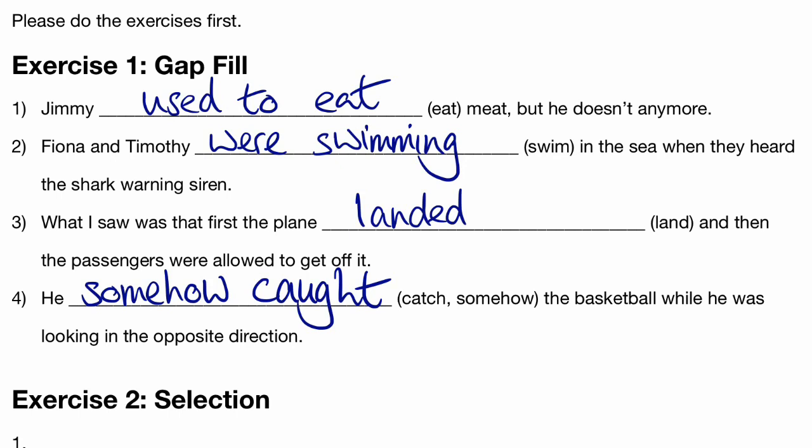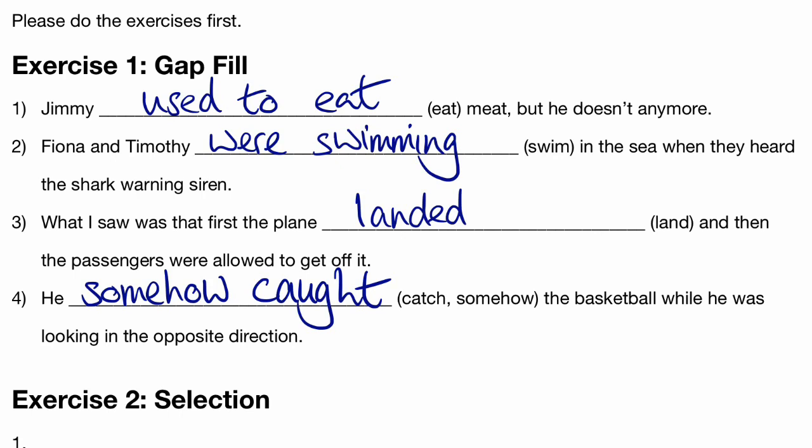You could also have Fiona and Timothy had been swimming in the sea, or had swum in the sea. In these two cases, they're not actually in the sea at the time. This is why it takes me so long to design the exam, because I have to be so precise with the questions if I want to limit the choice of answers.